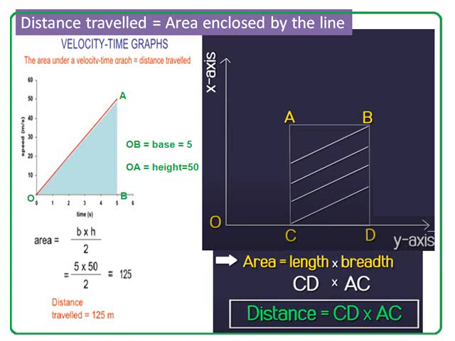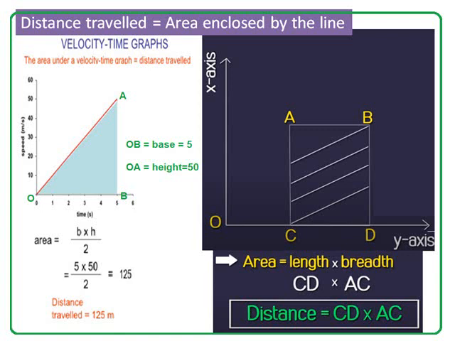So when the body AB travels with the constant velocity, how much is the distance covered by this? So here the line is AB. So drop a perpendicular from A, it will meet at the point C. Similarly, drop a perpendicular from B, it meets at the point D. Now what is the figure ABDC? It is a rectangle.